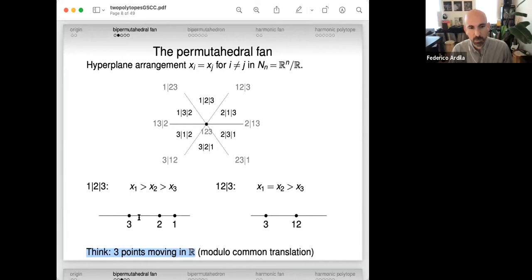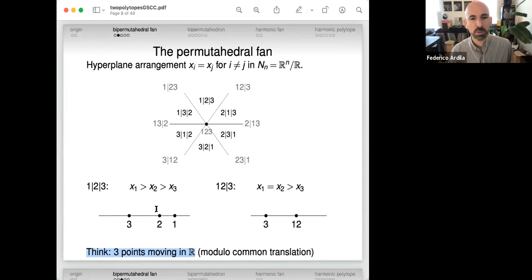For example, when point 3 is here, point 2 is here, and point 1 is here, then x1 is bigger than x2 is bigger than x3. So this configuration of 3 points corresponds to some point over here. And as I'm walking around this chamber, I'm basically moving those points around, but they have to stay in the order that 1 is bigger than 2, bigger than 3.